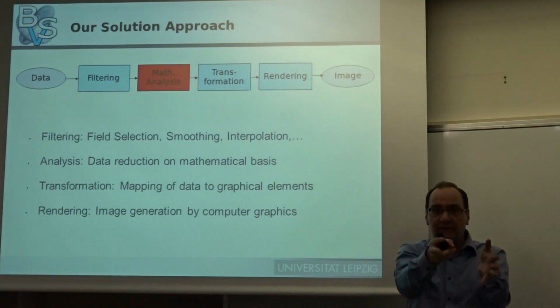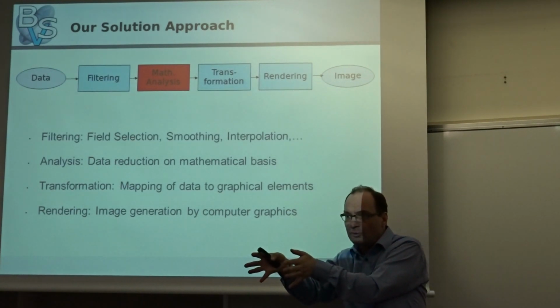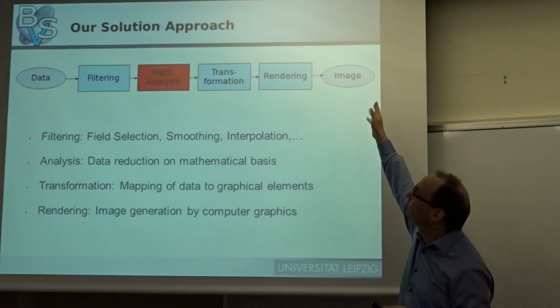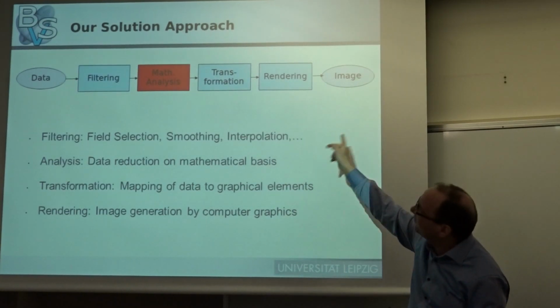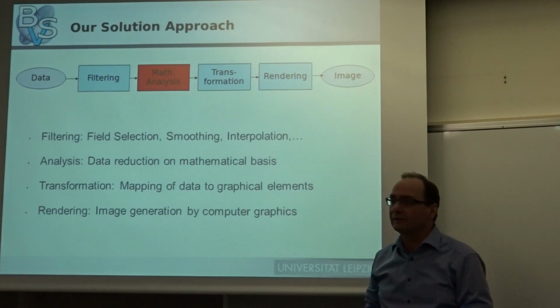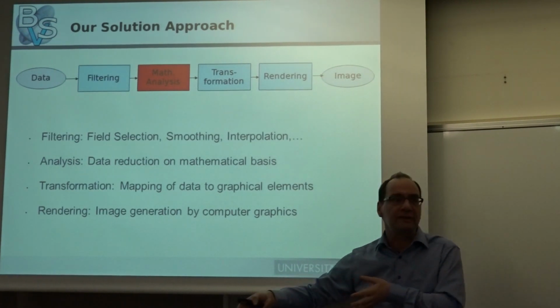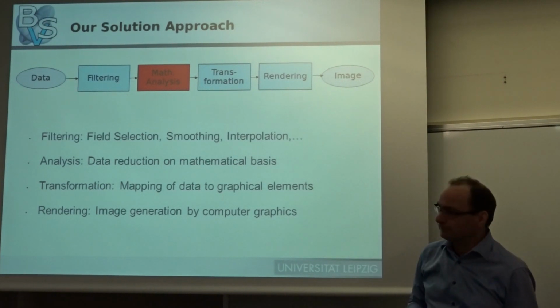That means you take the data and transform it into geometry and optical properties before you use computer graphics rendering to generate the image. Of course, you can interact and that way get animations, get deeper into details that are of interest to you, and so on.